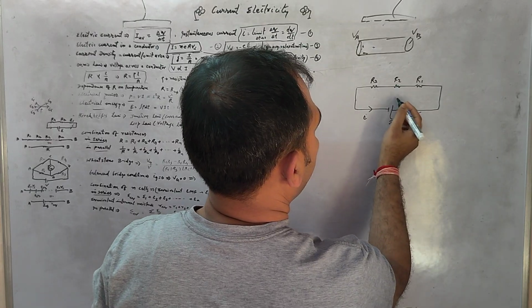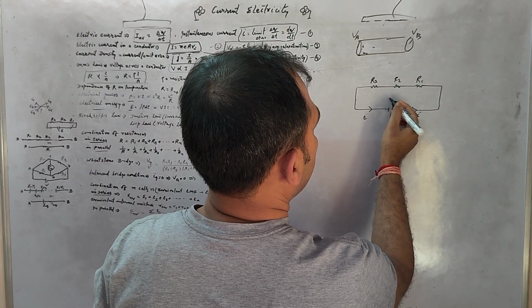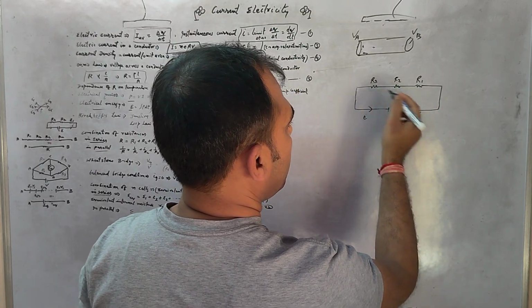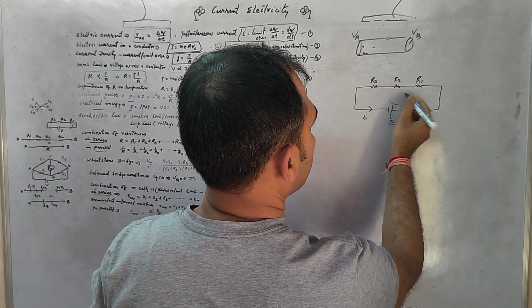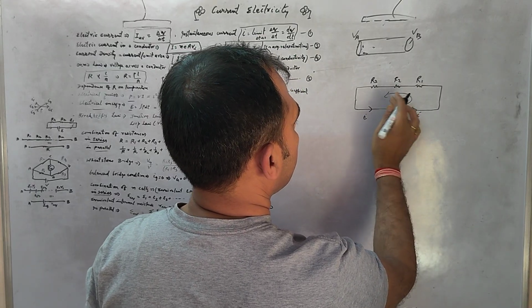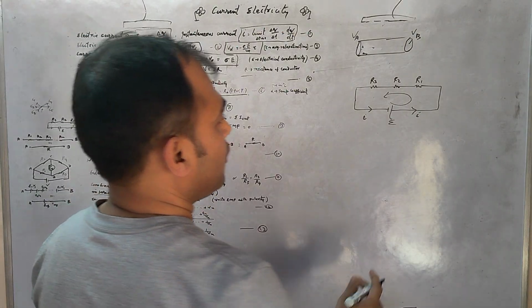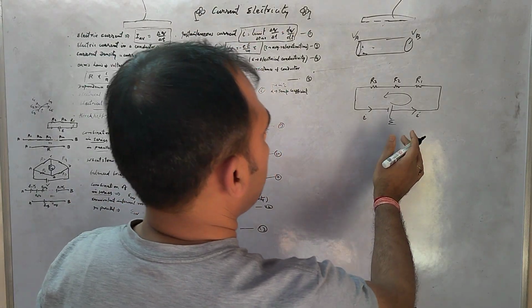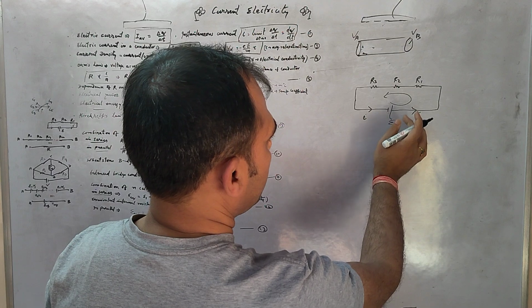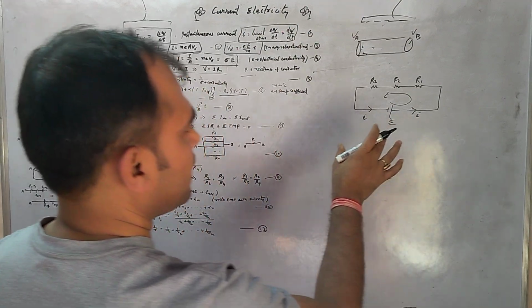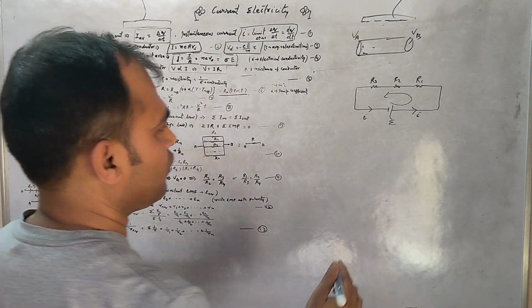We will move either clockwise or anti-clockwise. From here let us take anti-clockwise. So the summation of potential drop will be equal to 0.